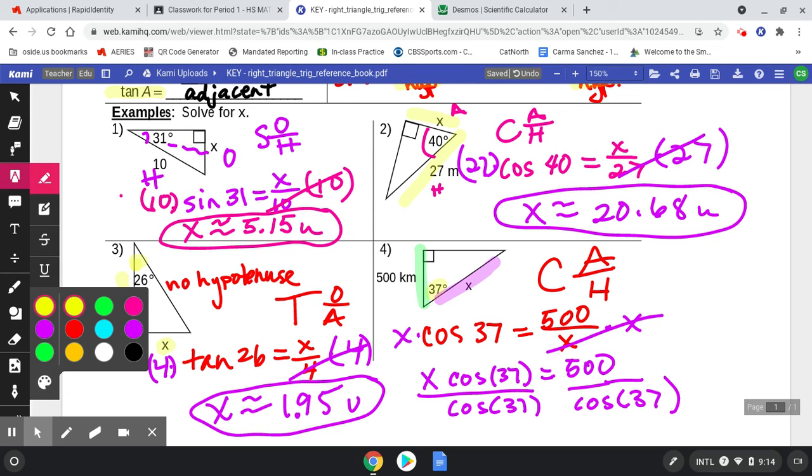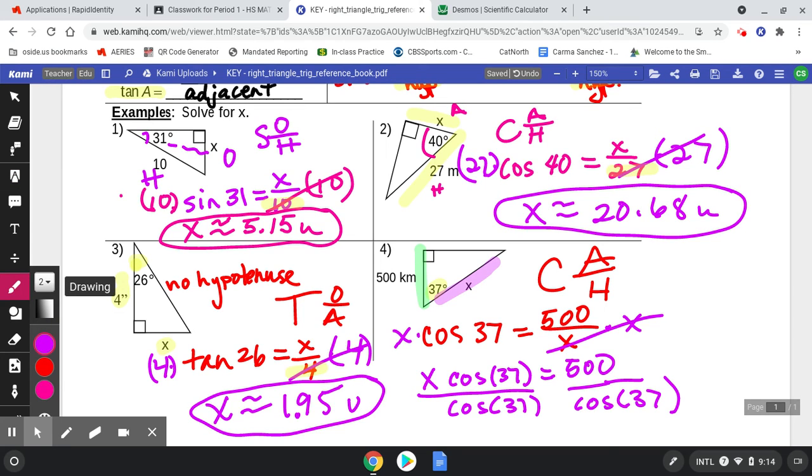Up here, there was a number in the denominator. We solved all of those by multiplying by that number in the denominator. This time, there's an x in the denominator. And so we have to do 2 steps.